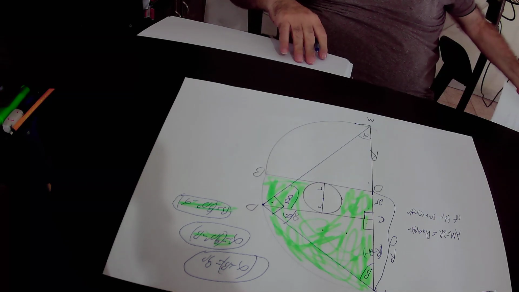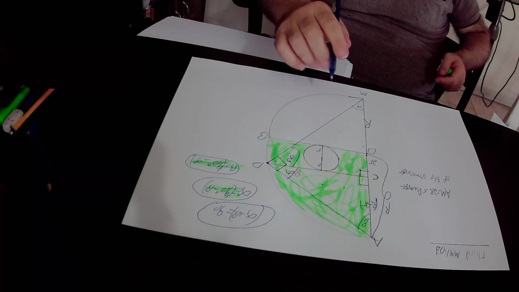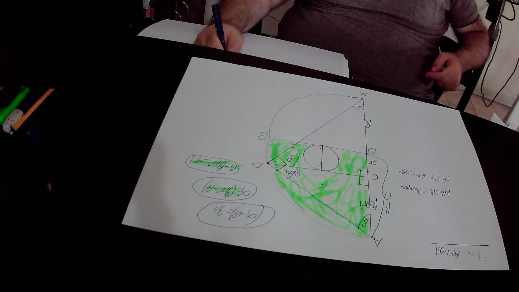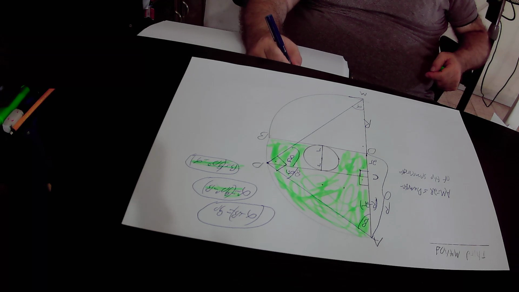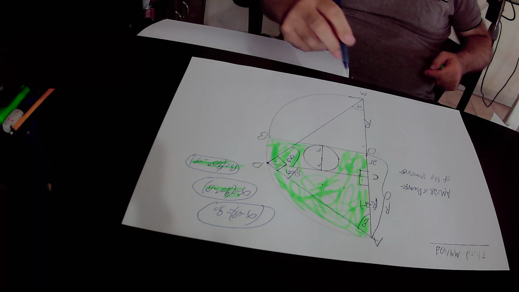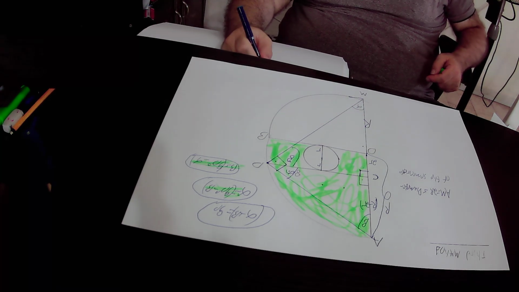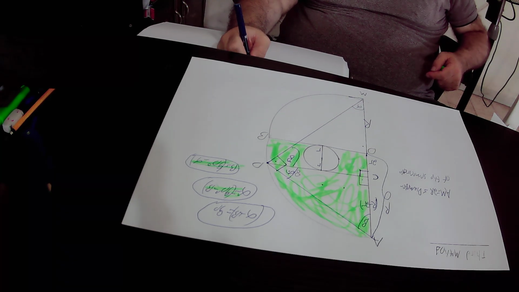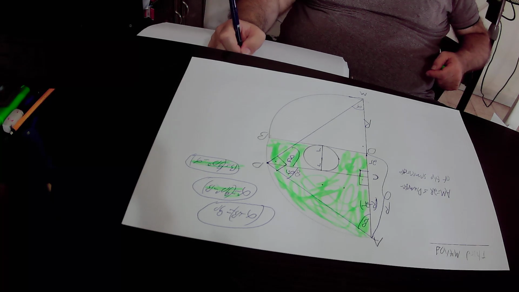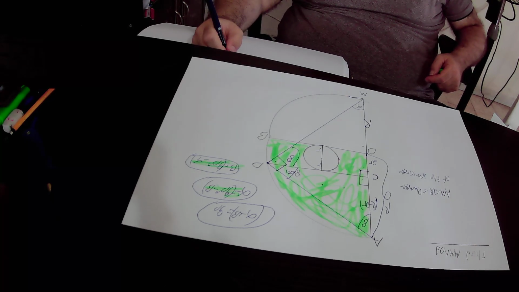And what is the area of the green shape? The area of the green shape equals the area of the quarter circle minus the area of the small circle.